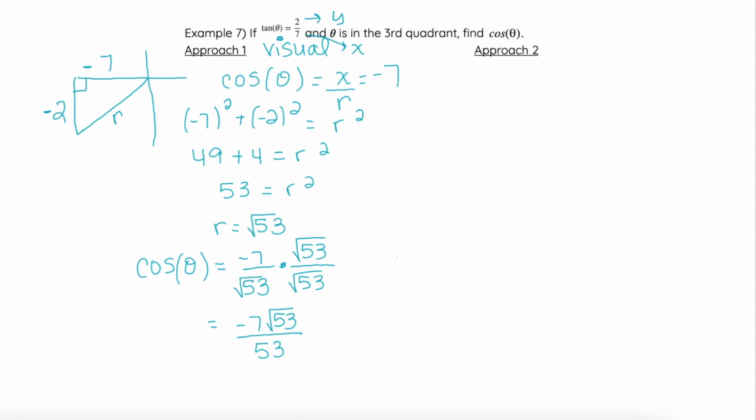So we found that in a few short steps. The second approach is using Pythagorean's identity from the previous page. So we're going to use a non-visual approach, an abstract approach, I should say, using Pythagorean identity.